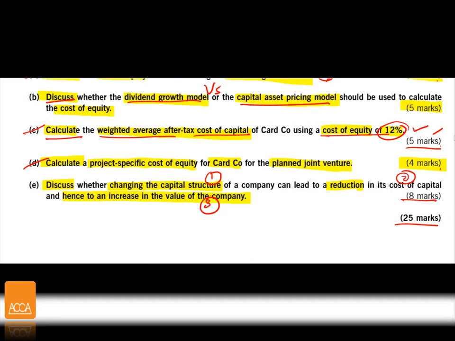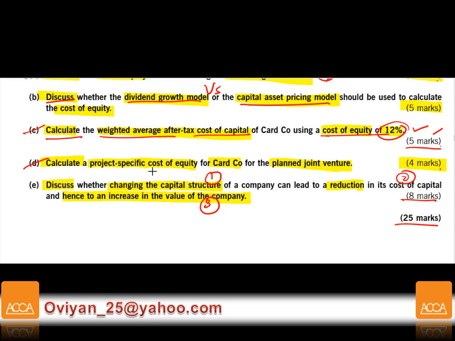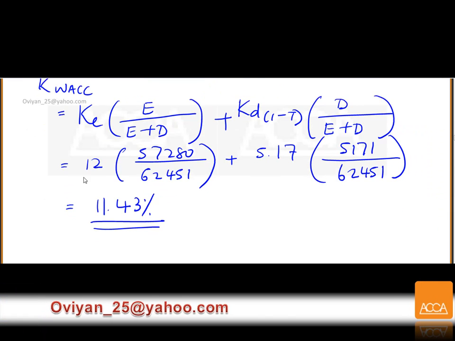Now the second last part, which is the last part on the calculation bits, is going to be to calculate the project specific cost for the venture, and it's going to give you 4 marks. This is risk adjusted WACC.